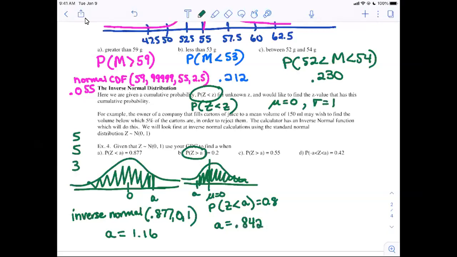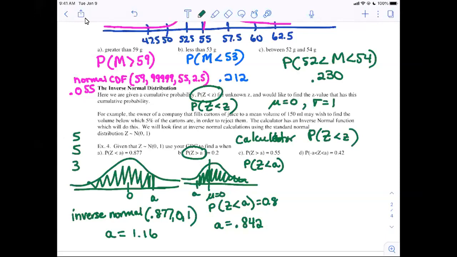So again, the calculator only does capital Z less than lowercase z. It will not do greater than. So I'm going to have to change letter C. And then guess what? It's just 1 minus the A value. That's the quick way.